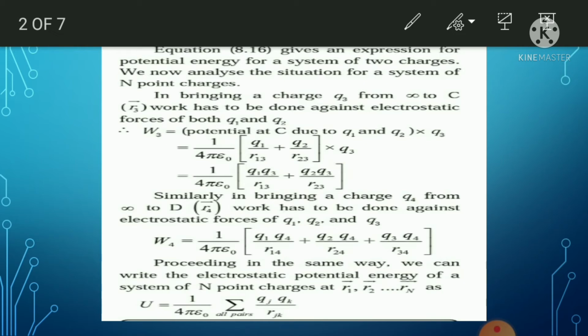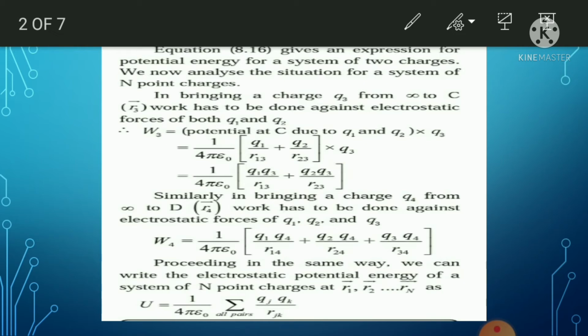Substituting this value, we can write W3, the work done to bring the charge from infinity to point C, equal to 1 upon 4 pi epsilon 0 into bracket Q1 upon R13 plus Q2 upon R23, into Q3.